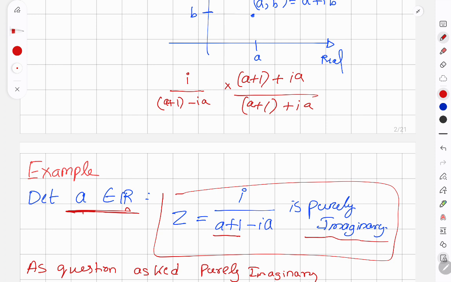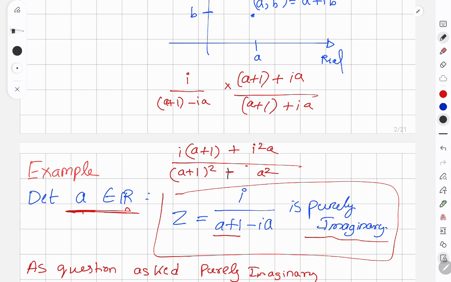Okay, then what will happen? You will get a plus 1 multiplied with i, this one. Then your i will be multiplied over here as well, so it's i square a divided by (a plus 1) square negative i square a square. And you know i square is minus 1, so I can remove this one and put a plus sign.